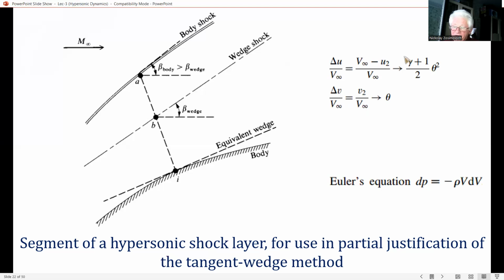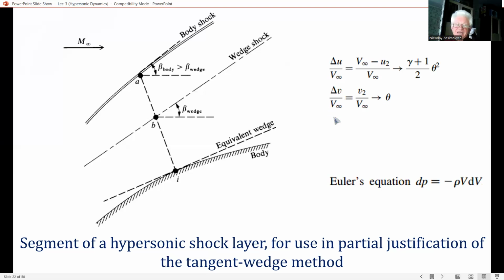So in our first expression, du is the change in the x component of velocity across the oblique shock. In the next expression, dv is the change in the y component of velocity.